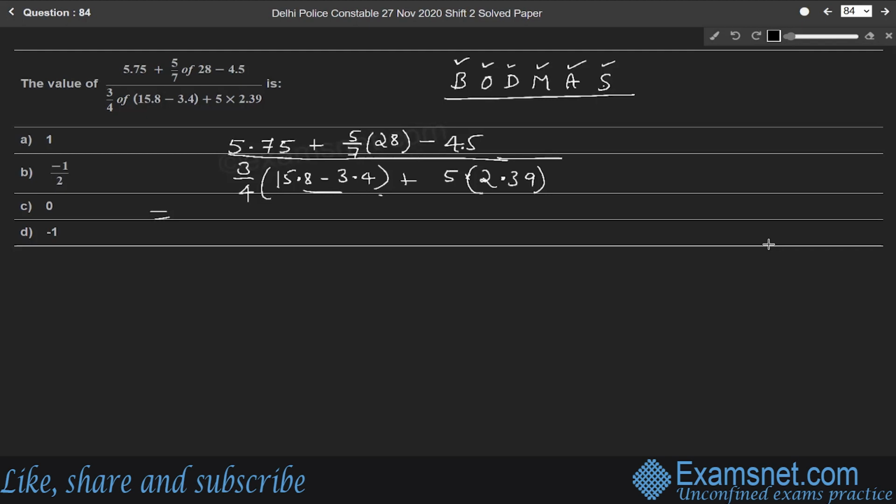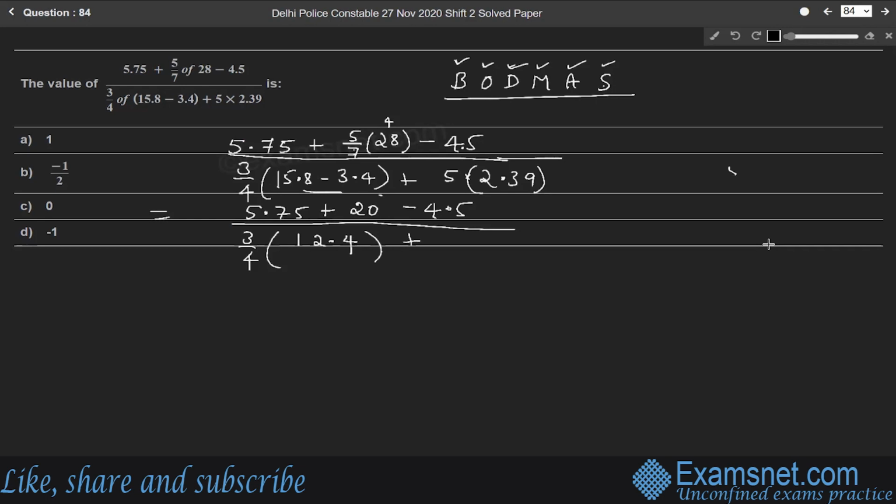At the same time we can go with the division part also. So 5.75 plus 28 by 7, that is 4. So 5 into 4 is 20, minus 4.5 whole divided by 3 by 4 of 15.8 minus 3.4, which is 12.4, right?